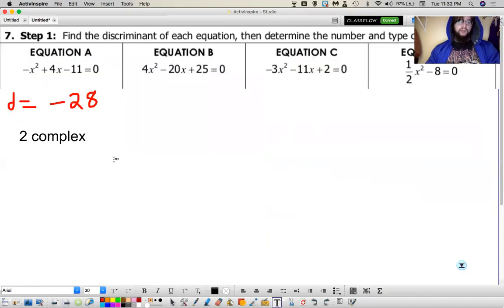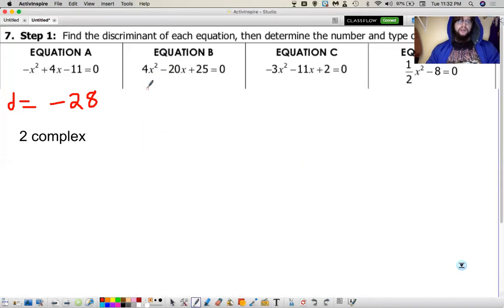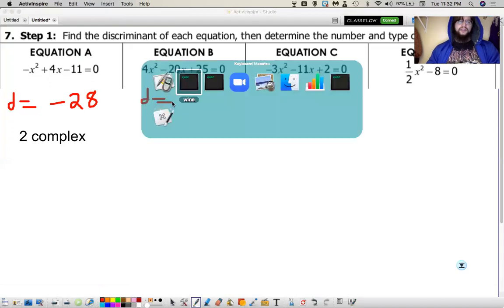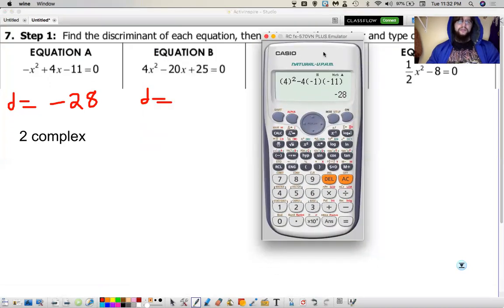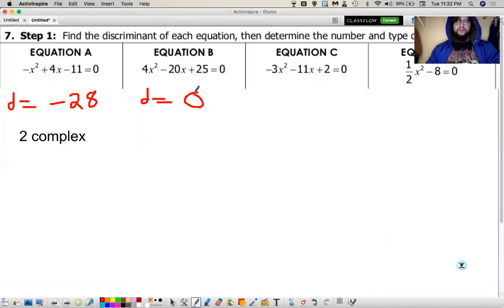All right. The next one, let's calculate our discriminant. B is -20, minus 4. A is 4. C is 25. You get a nice 0 there. It means we have 1 rational.